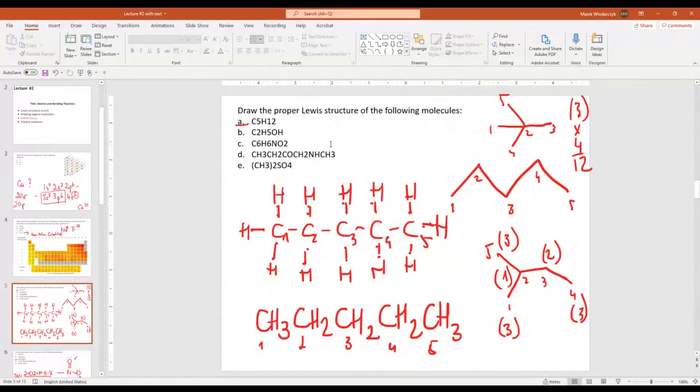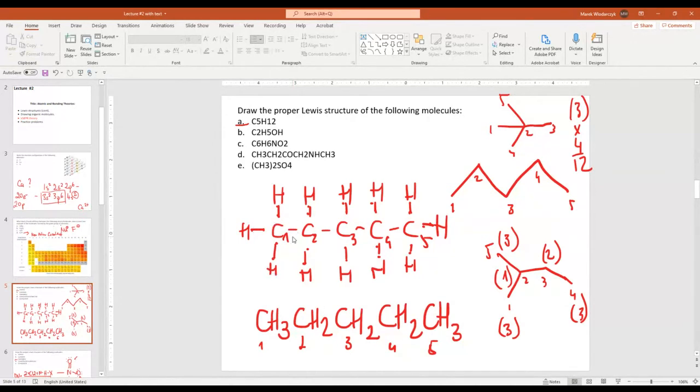And then we talked about Lewis structures, drawing proper Lewis structures. So the first thing you want to do is check what the main group number is for your element, because that will give you the number of valence electrons in your molecule.